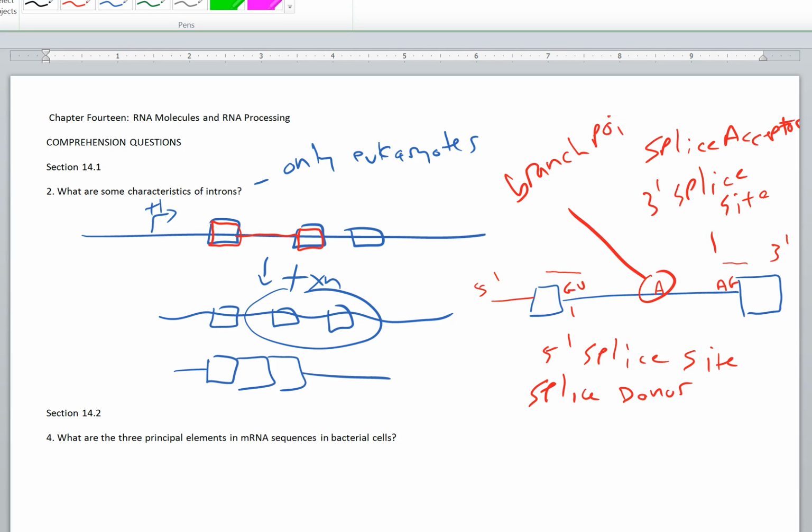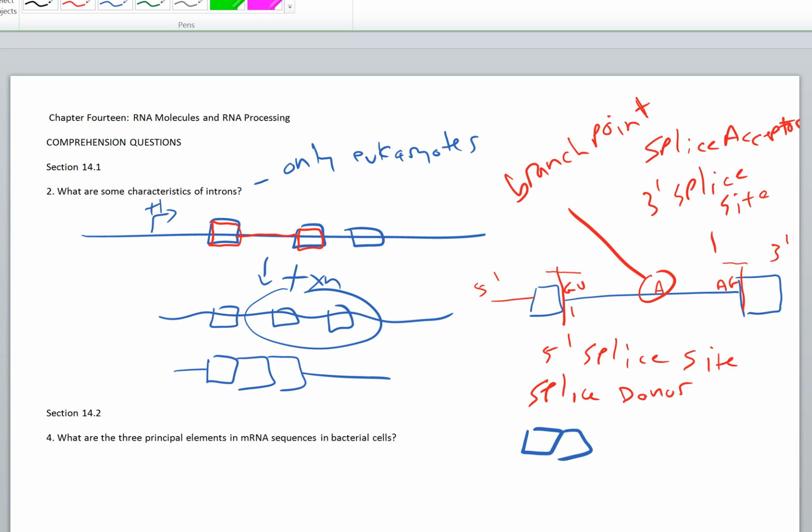And when we go over the mechanism of how the RNA gets spliced out, we'll show you what each of those things does. But those are the sequence determinants that cause this to be an intron. So it'll get spliced there, it'll get spliced there. And after it gets spliced, the 2 blue things get spliced together, and the intron gets spliced out and goes away, and it forms this little branch point here. So we'll come back to that.